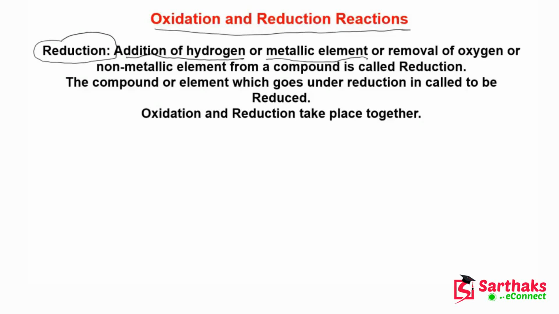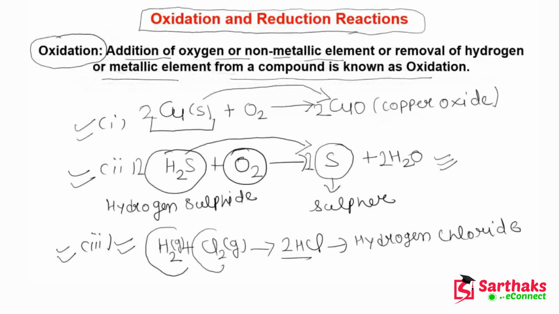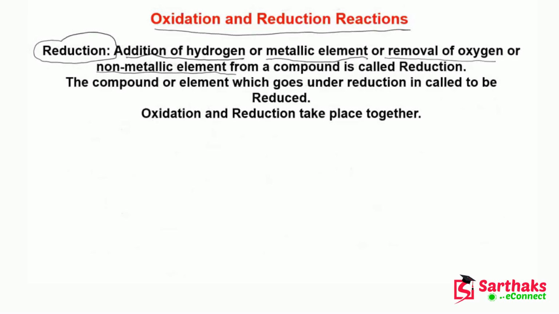Now, removal of oxygen is what? Reduction. And removal of non-metallic element is also reduction. So in oxidation, what happens? Addition of oxygen or non-metallic element is oxidation. But here addition of hydrogen or metallic element is reduction.